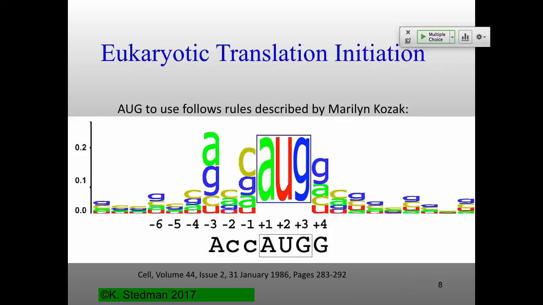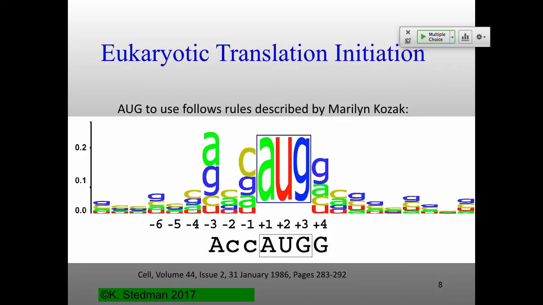Okay, so what about eukaryotic translational initiation? I will make that mistake probably far too often. Here, we don't have a nice Shine-Dalgarno sequence. We have an AUG, which is used, and then a few nucleotides which are quite well conserved next to that AUG, where you actually start.